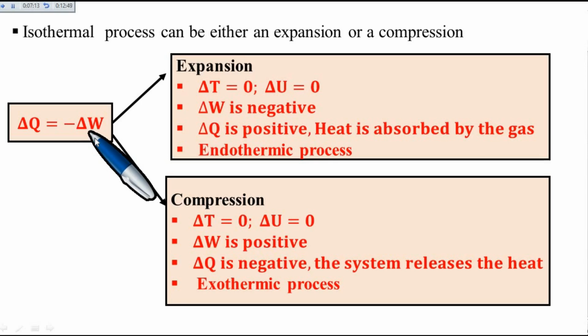There is another negative. Then this term will become positive, but here we are still having the negative. That means dQ will be negative when you have a compression. The system releases the heat. In this case, we are in an exothermic process because the system is releasing the heat.